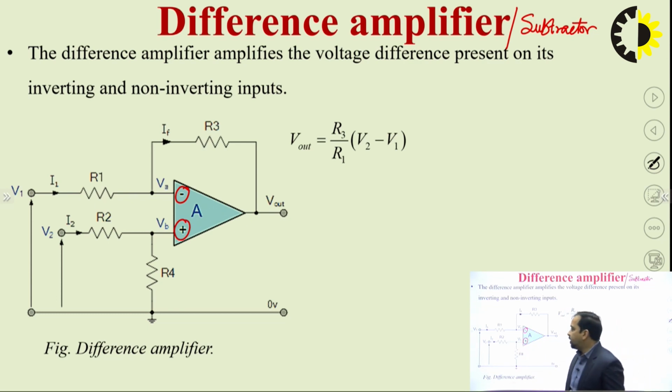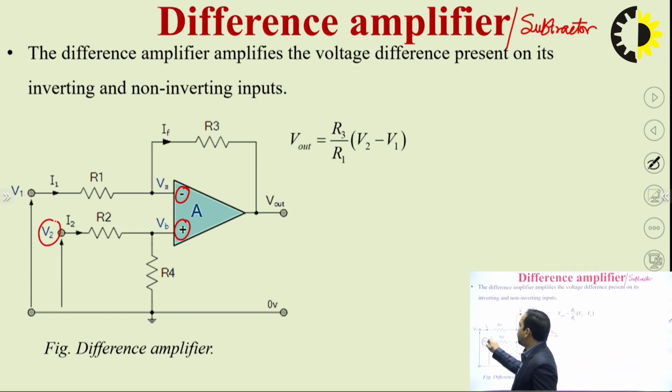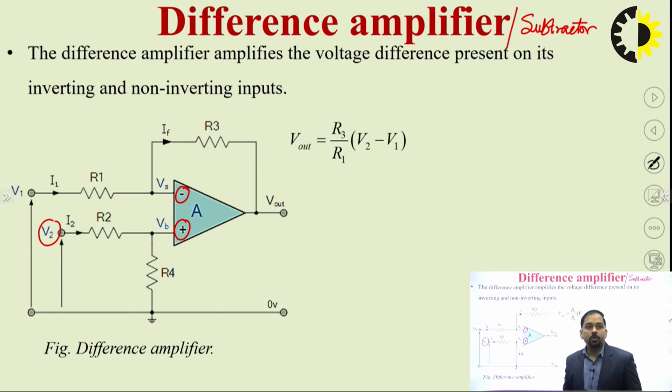We can clearly see that here we have voltages V2 and V1 applied at the input terminals of the OPAMP, and we have a relationship of R3 by R1 times V2 minus V1. How can we achieve this kind of relationship?